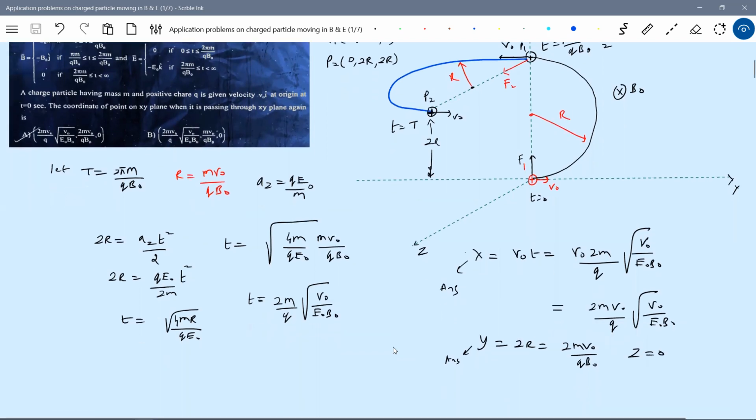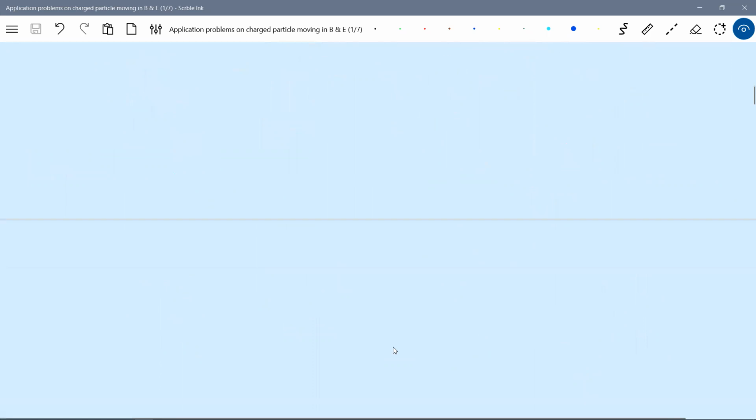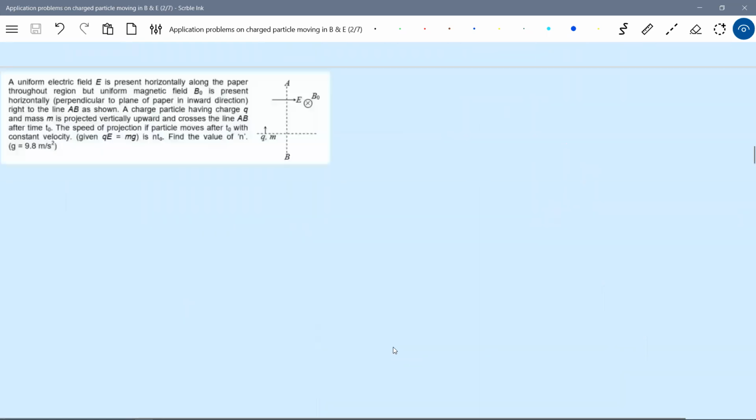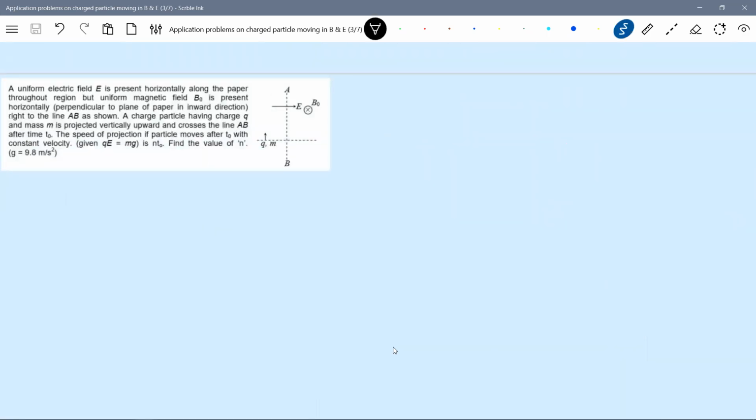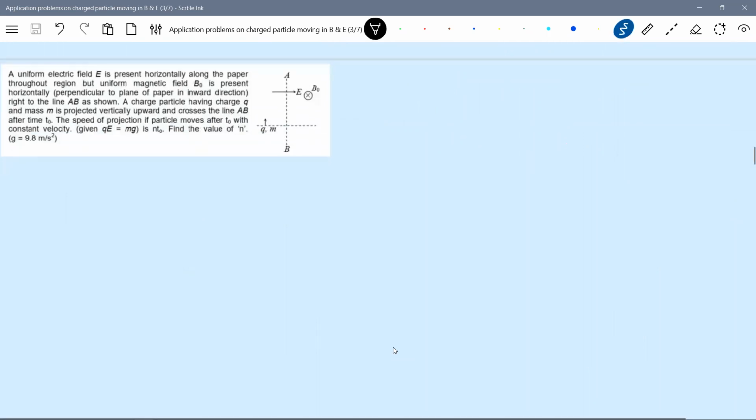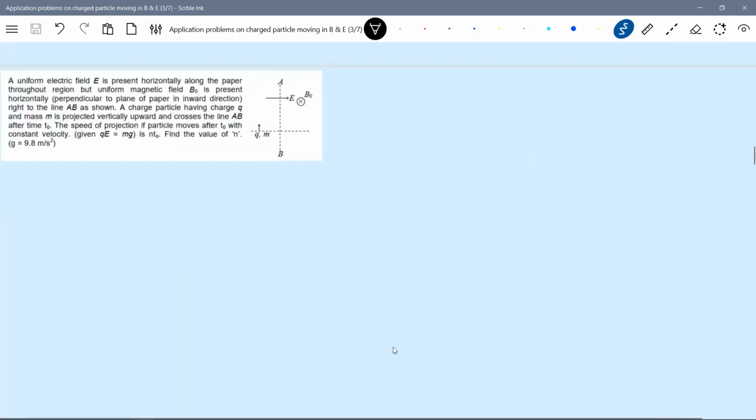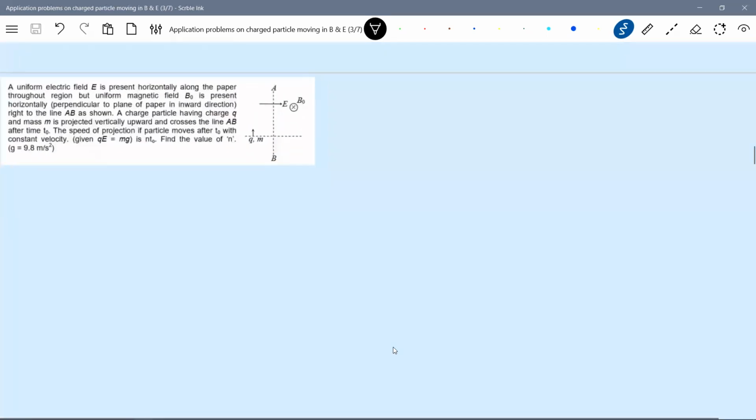If you want, you can draw for the electric field also. One more troublesome question I brought. Gravity is what I'm introducing here.